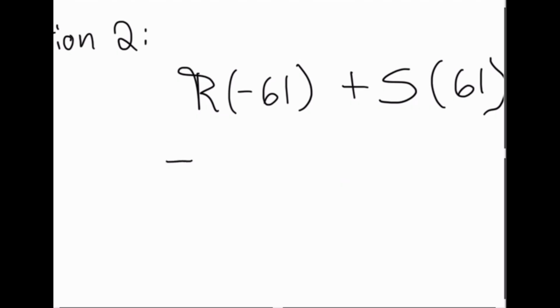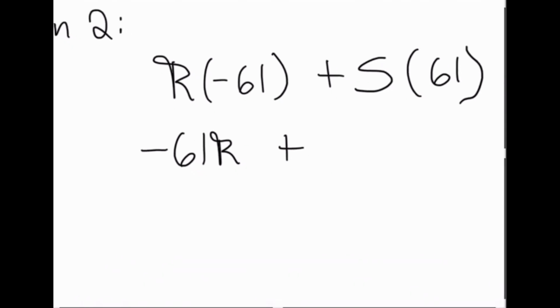So let's solve this out. R times negative 61 is negative 61R. And now, when we're looking at S, it's going to be 1 minus R, because they're twins of each other.